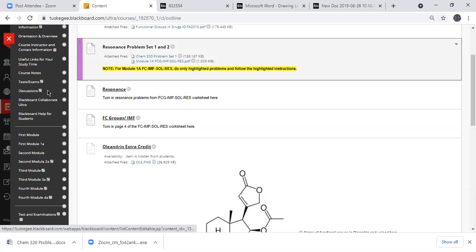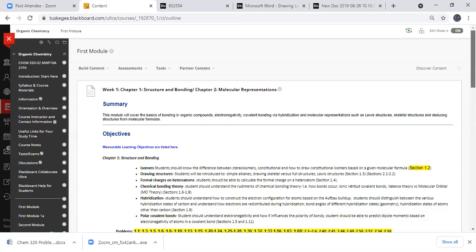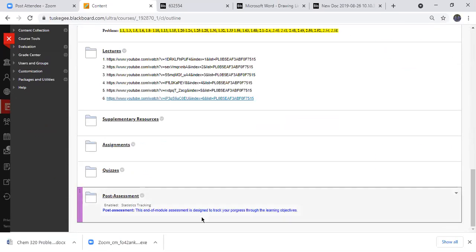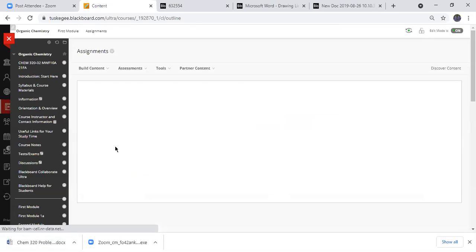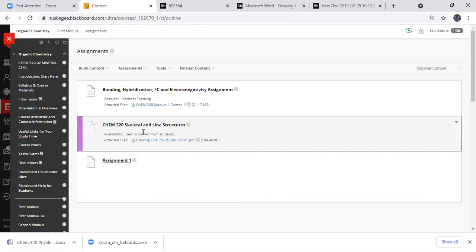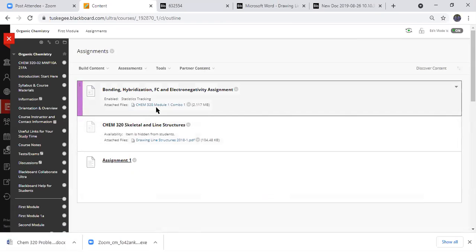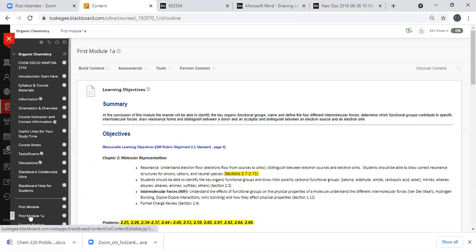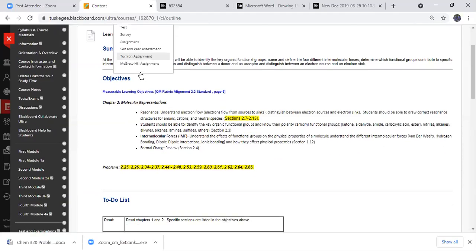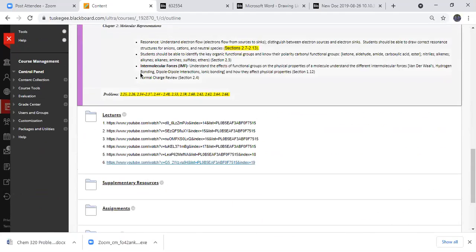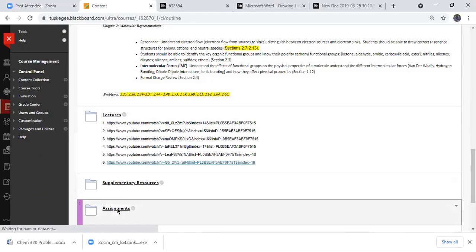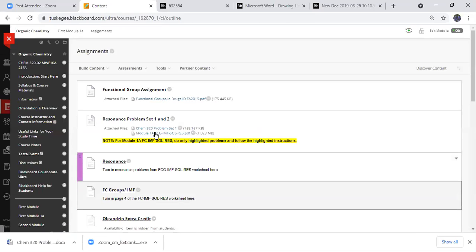Say again. First module, you're going to turn in both assignments in there. One of them you're going to do on your own because it's just drawing skeletal and line structure. We've already worked through this. And then 1A, you're going to turn in this.